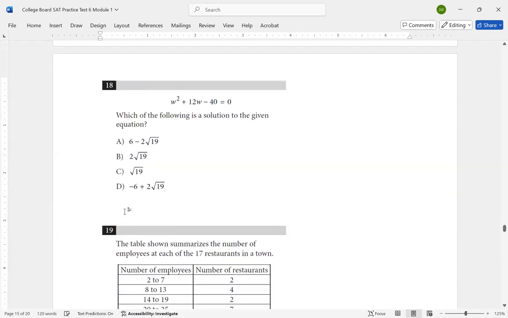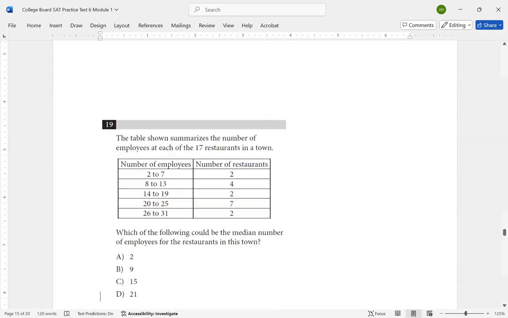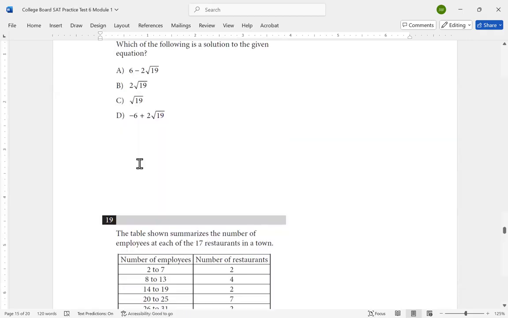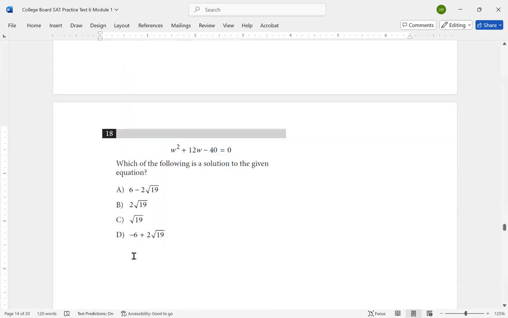Question 18. Which of the following is a solution to the given equation? So let me read that again. Which of the following is a solution to the given equation? And then it gives us these four options. Now, if you want to, what you could do is plug in each of those numerical values into w and see what you get in each case.